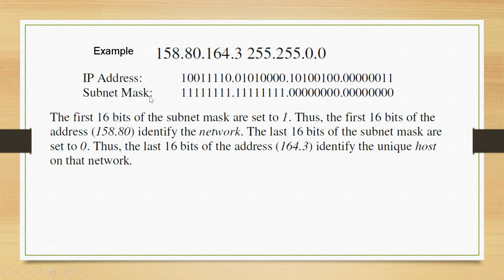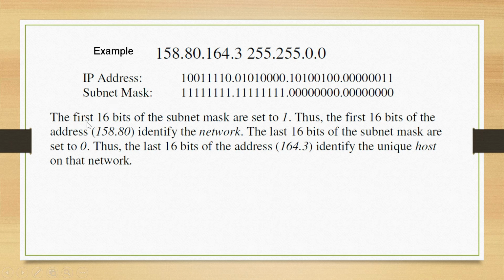And also for the subnet mask, if we convert this one into binary numbers, you can easily identify and check where is the host address in your IP and where is your network address.